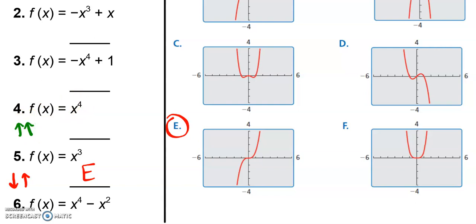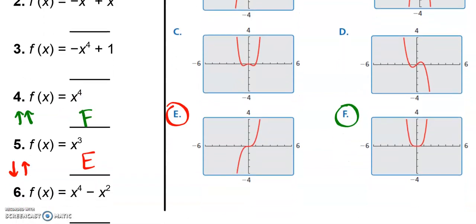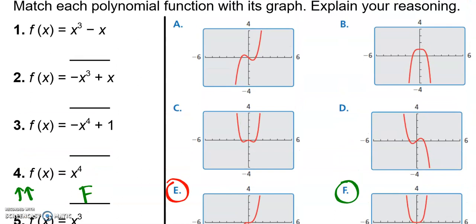So it looks like my options are C or F, but I know this one is a perfect 0, 0, and that's the only 0 that it has. So that's going to end up being F. Looking up here then, I have a positive odd. So I should look like this. Well, positive odd, the only one that's left now is going to be A.